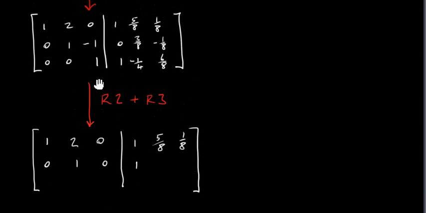Okay, so what I'm doing here is row 2 plus row 3. So it's 3/8 minus 2/8, 3/8 minus 1/4.